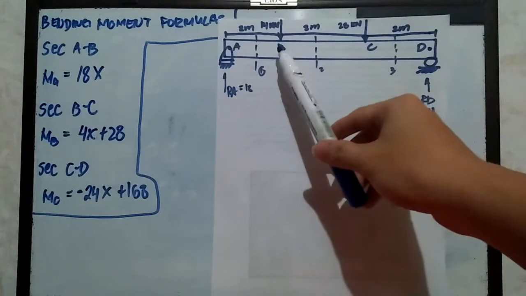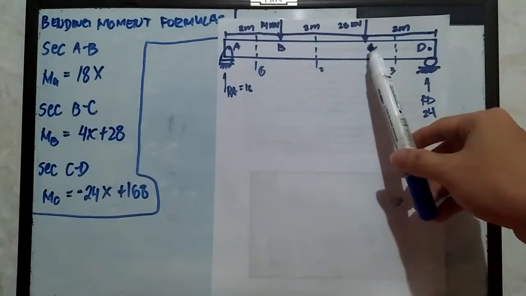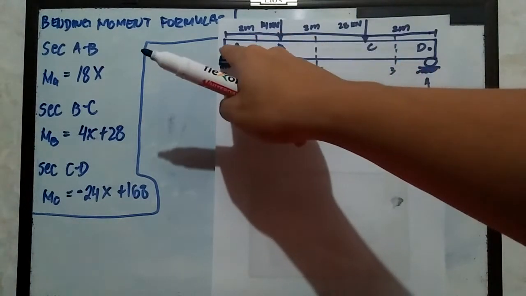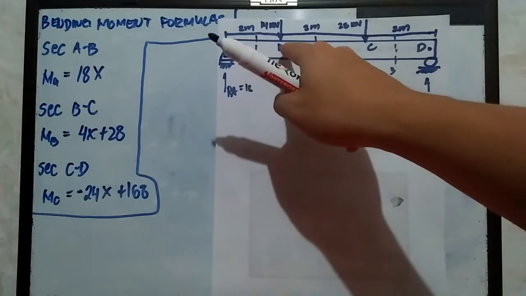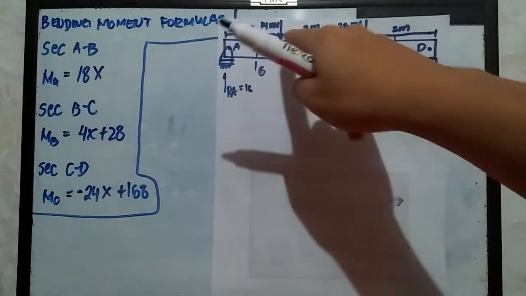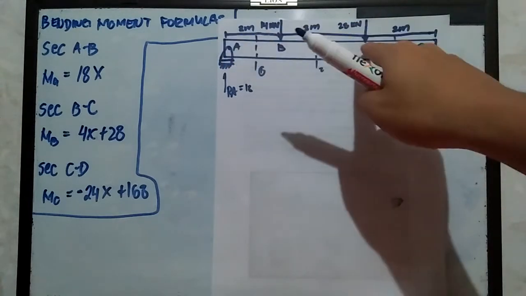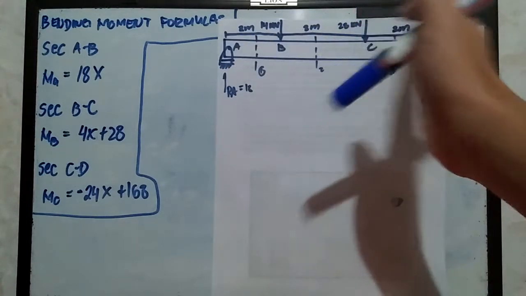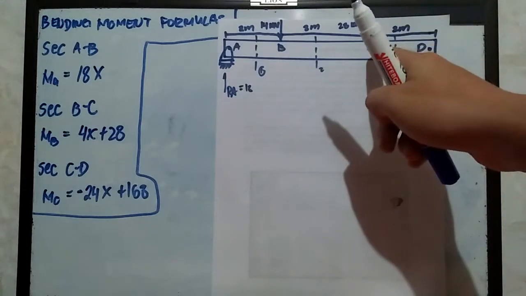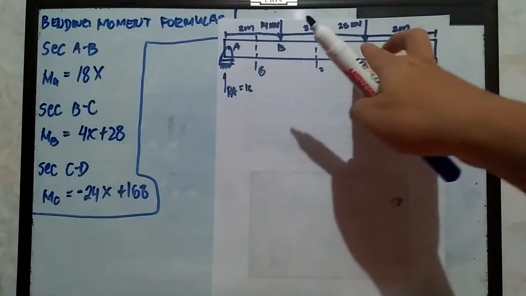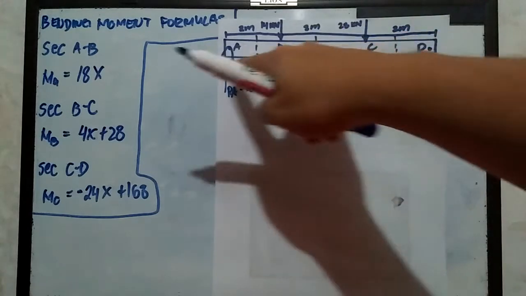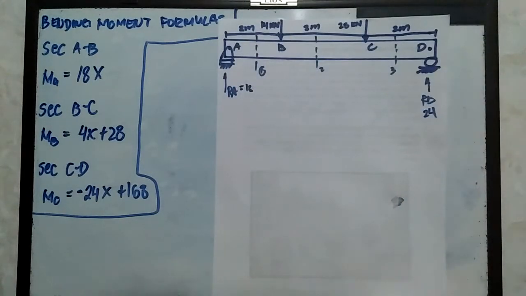And then for section B-C, it should be the measurement from A to B and then from B to C, because we are only going to utilize the measurement from B to C, right? Then the same thing goes for section C-D. We need to use this measurement and the whole measurement of this beam.